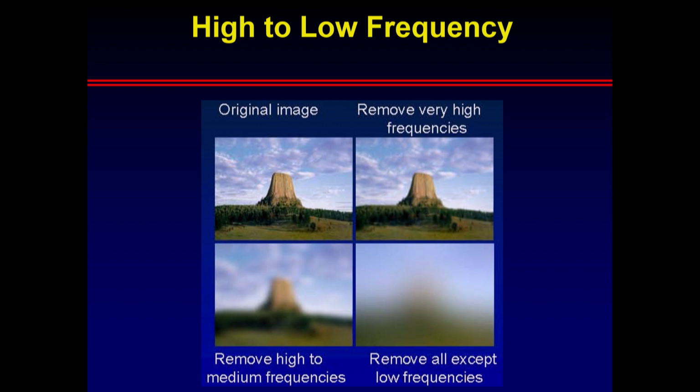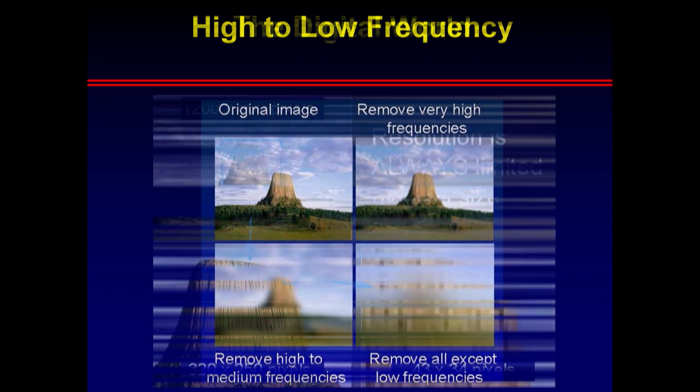So as you see, as we continue to remove all of the high frequencies and only have low frequencies, now you have no image, right? So again, it's the importance of being able to identify and have a certain amount of high frequencies to have a balance, to be able to create a pleasing image that you can read.